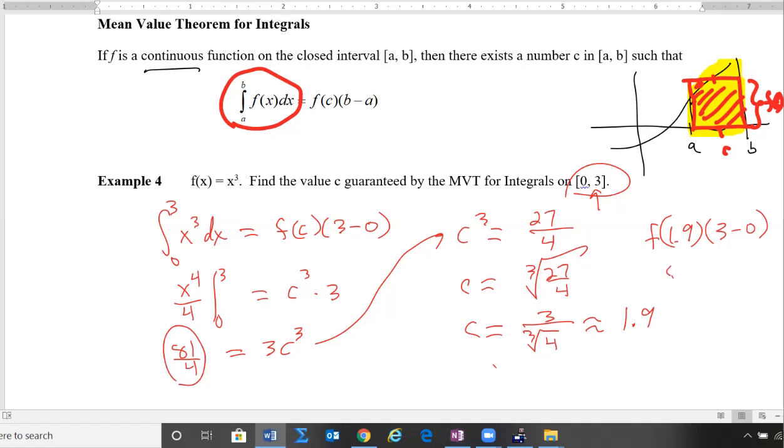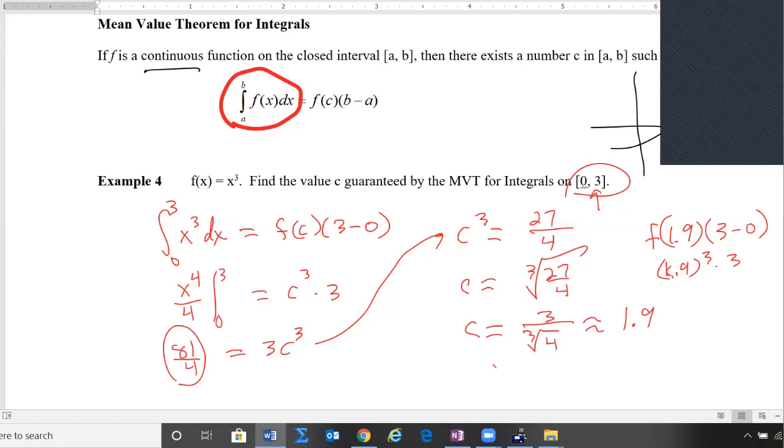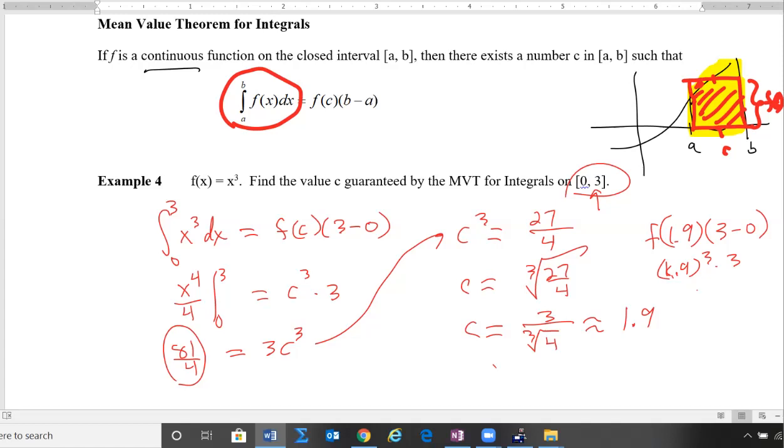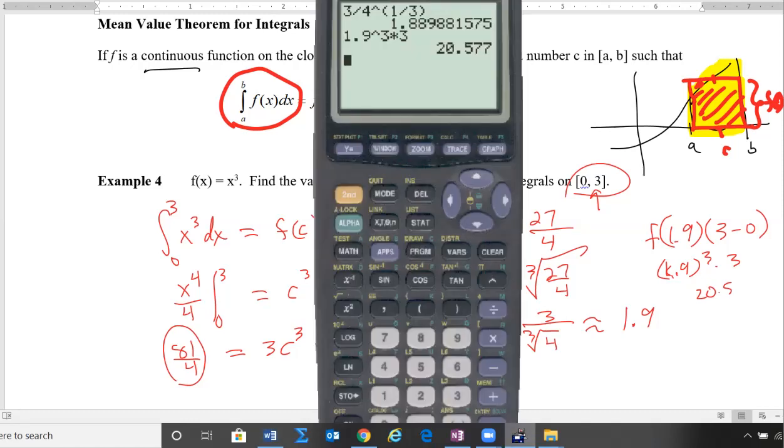So this is 1.9 to the 3rd times 3. So I can do a quick check on that. And that number is about 20.577.